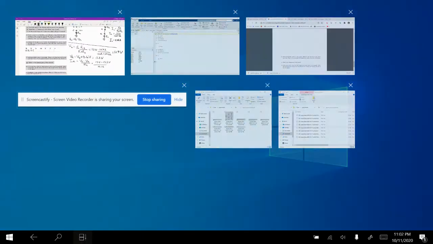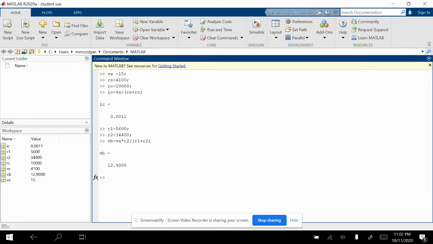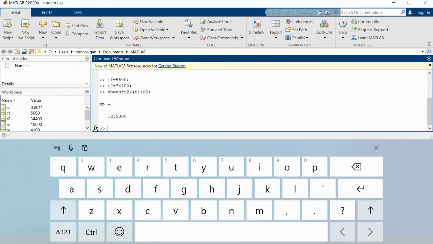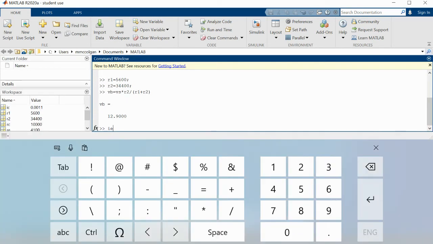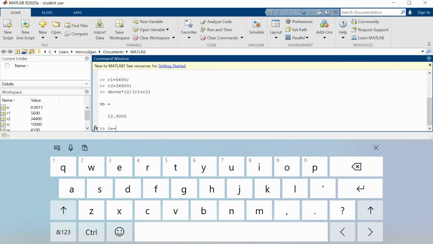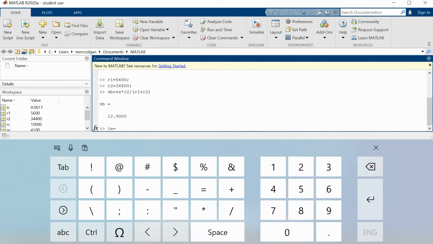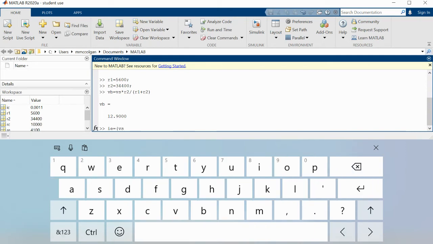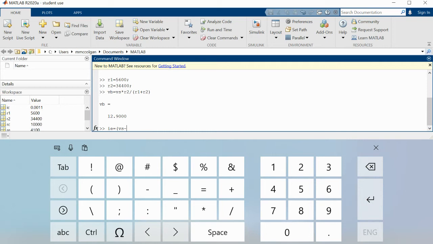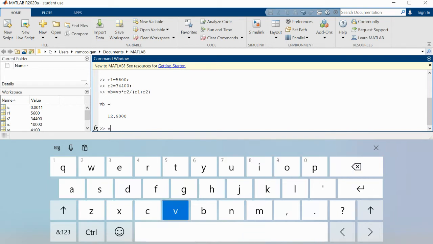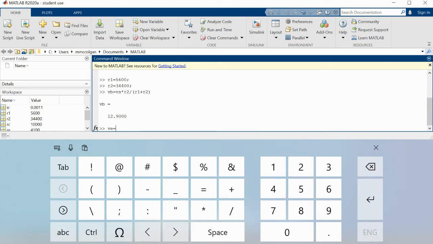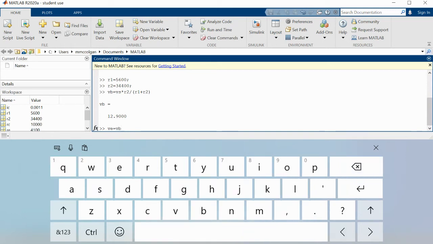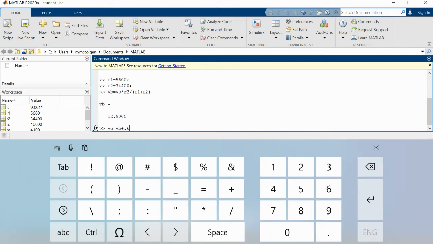And so again, I can go back to MATLAB and so I can say IE is equal to VS minus VE. So I haven't actually calculated VE yet. So let's say VE is equal to VB plus 0.6. And there's 13.5.